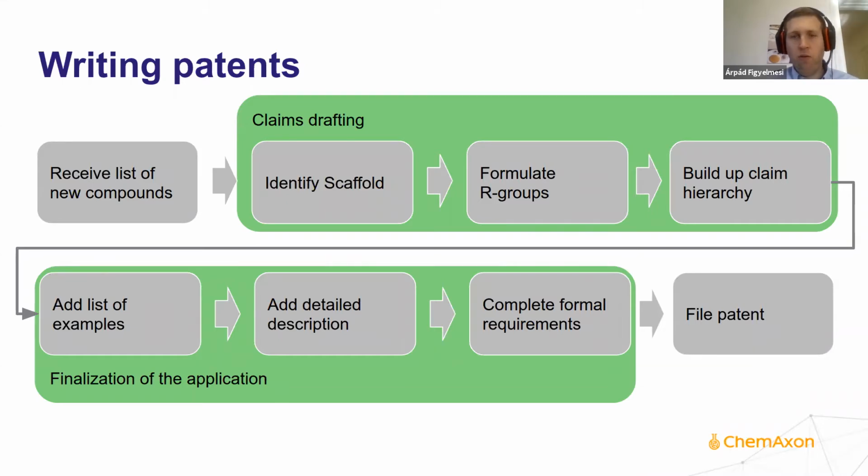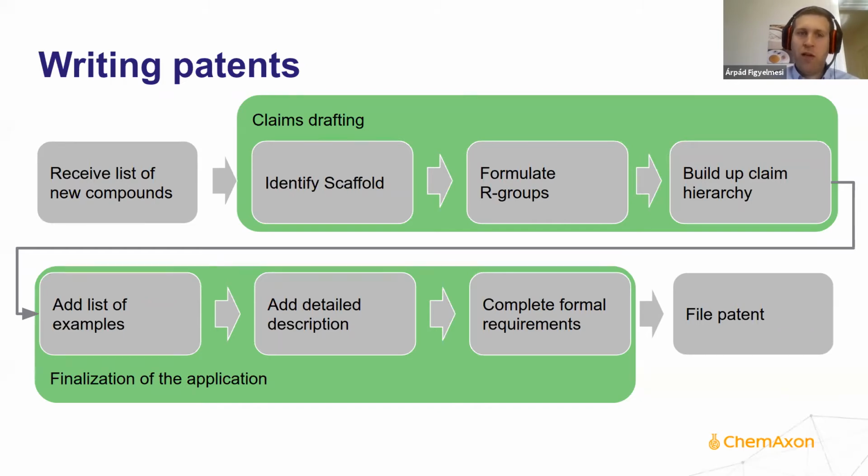And you obviously not only want to create the claims, but also want to create the list of exemplified structures with all the extra information needed for preparation or measurements around it. You want to add a detailed description, and you want to complete the formal requirements for the filing.